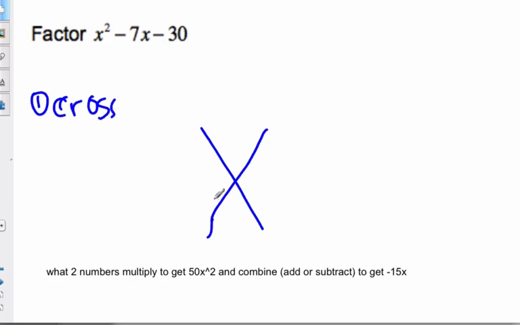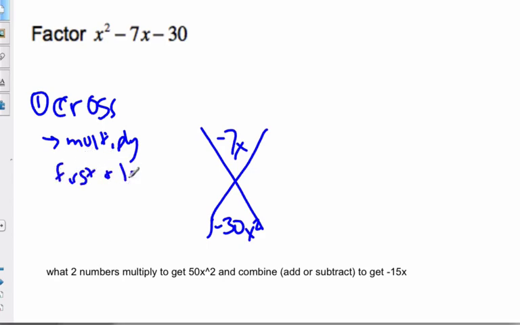Then I multiply x squared by negative 30 and get negative 30x squared. And then I put negative 7x on top. So I make the cross by multiplying first and last terms.